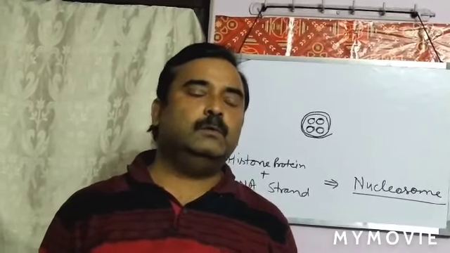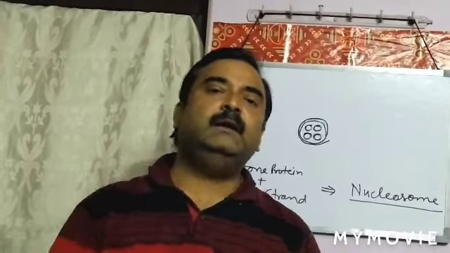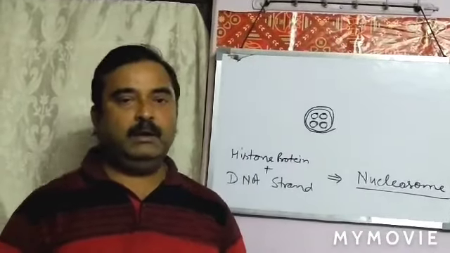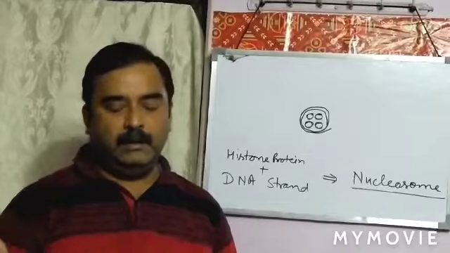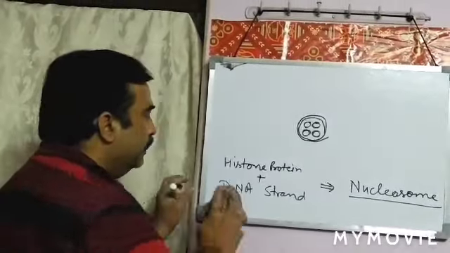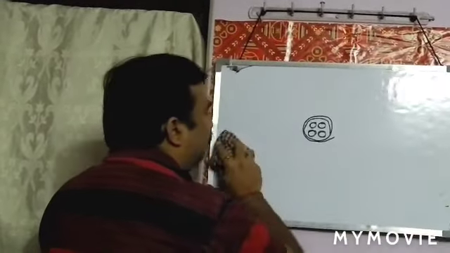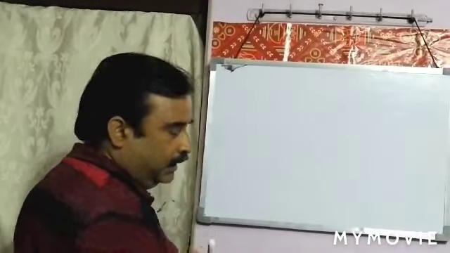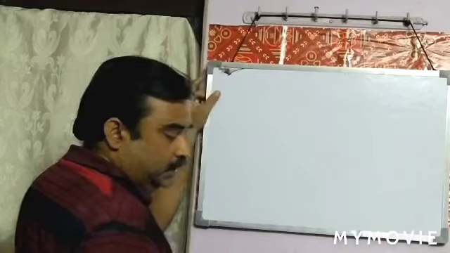Now this nucleosome further goes for second level coiling. Then they form the solenoid, super solenoid, and finally it is responsible for the formation of the chromosome. Clear?